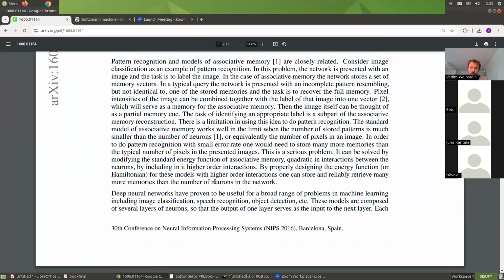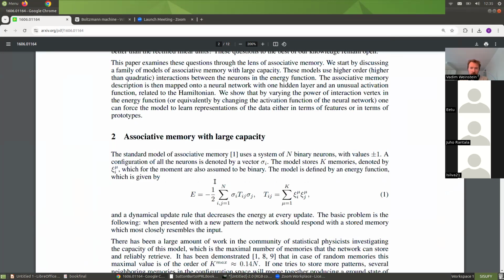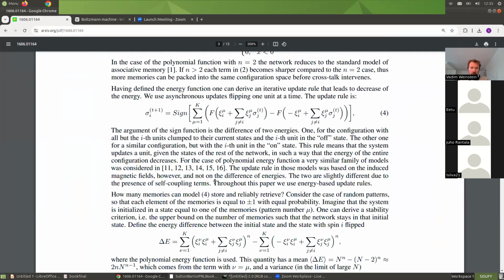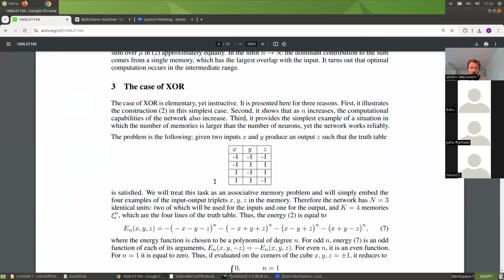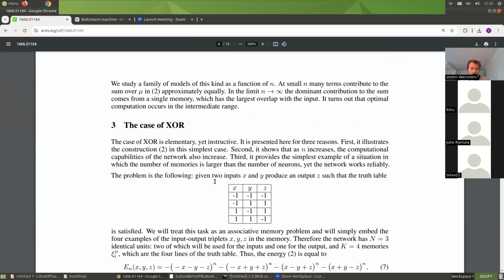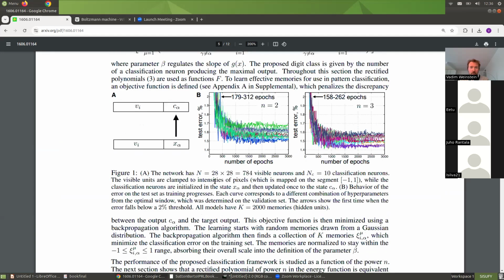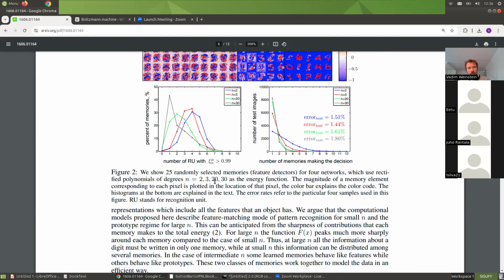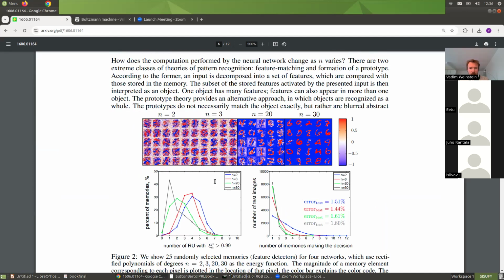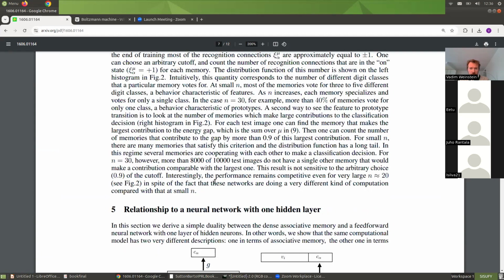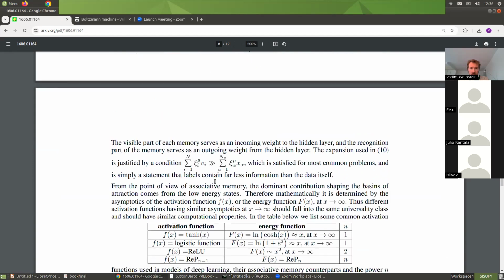Again, I obviously didn't have time to read this, so I don't know how they do it, but they somehow improve the capacity of the network. This work has been followed up by later work. Here we can see some pictures. But indeed, I cannot really answer.